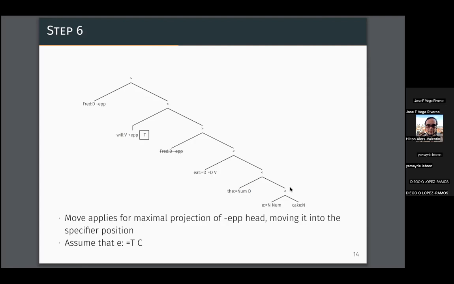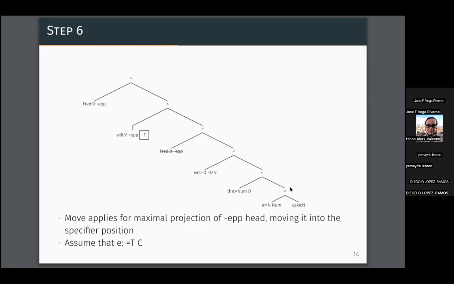Y eso se debe a que en esta posición, Diego le llama correctamente el specifier of T, ¿verdad? A esta posición se mueve de la estructura, es un internal merge, o sea, como algo que ya está aquí. Voy a mover lo que sea de categoría D que esté más cercano a esta posición. O sea, tengo Fred y tengo cake, ¿no? Pero Fred está más cercano, así que este debe ser aquí.